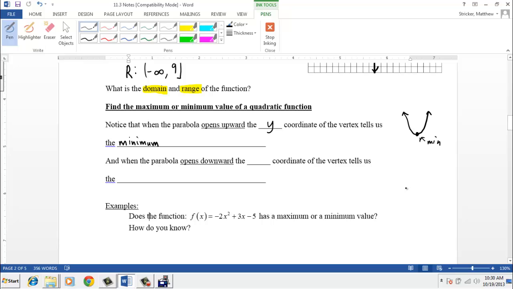And likewise, when the parabola opens downwards, the vertex is the highest point, or the maximum. The y-coordinate of the vertex tells us the maximum value. And this becomes very, very useful when we're looking at some types of application problems, especially ones involving optimization where we're trying to find the maximum of something or the minimum of something.